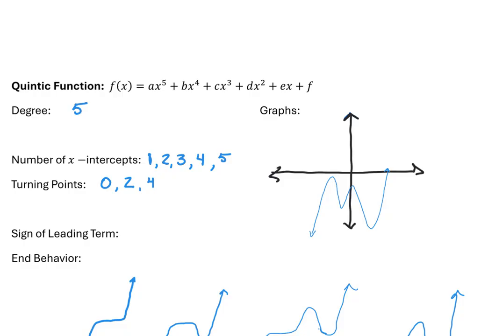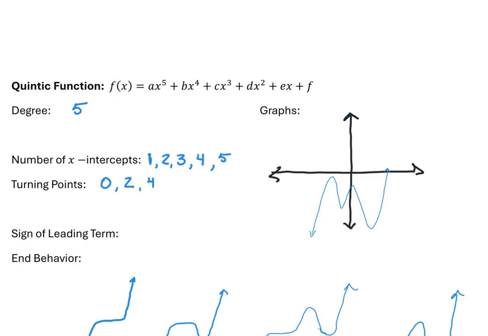But as we've looked at all of these different examples, we do have a limit on the maximum number of x-intercepts. The maximum number of x-intercepts is going to depend on your degree. If it is a degree 5, the most x-intercepts you can have is 5.